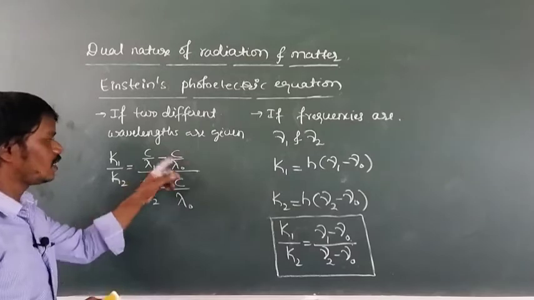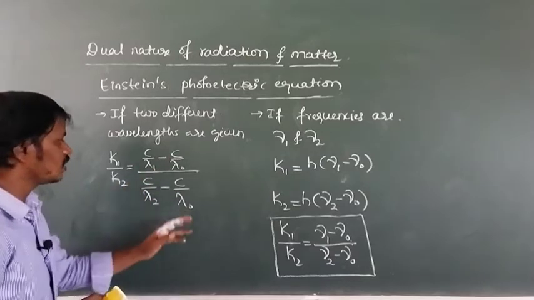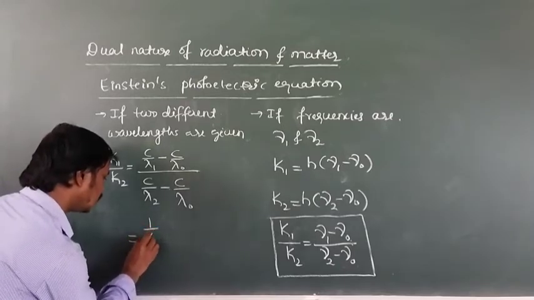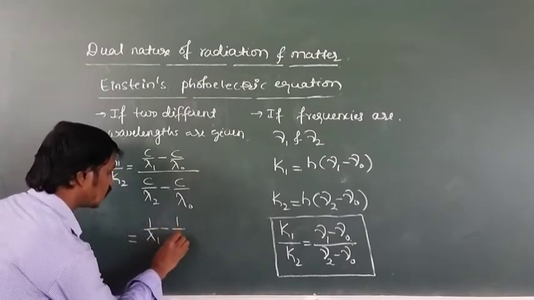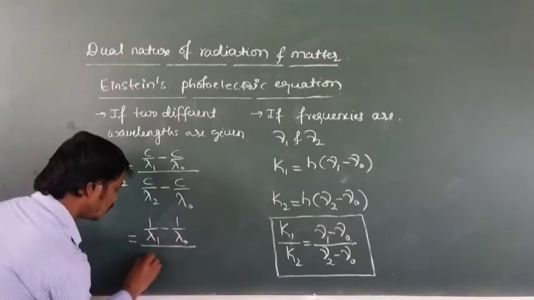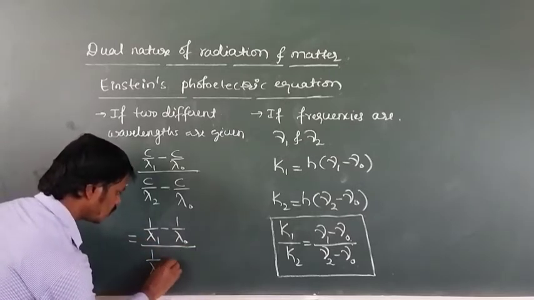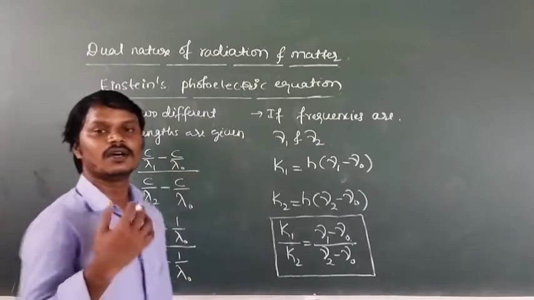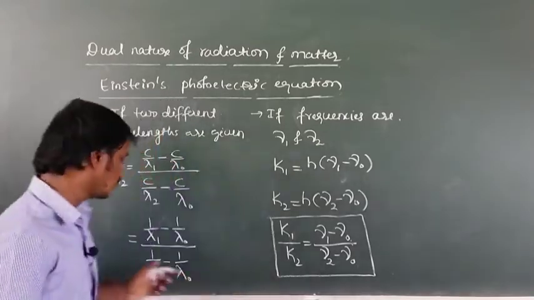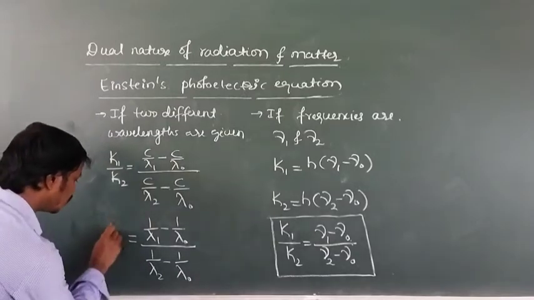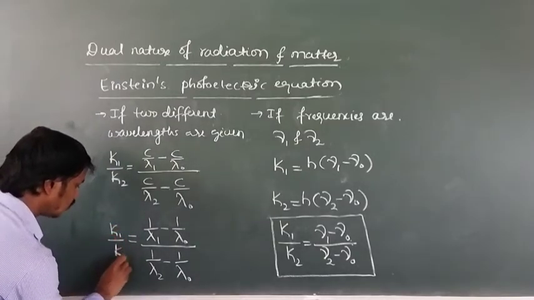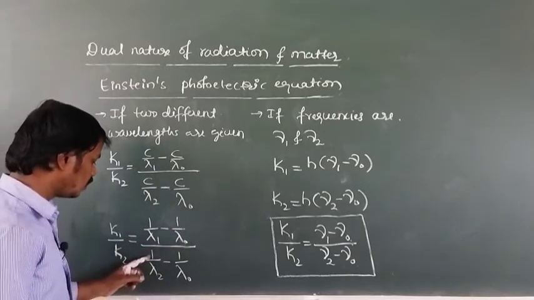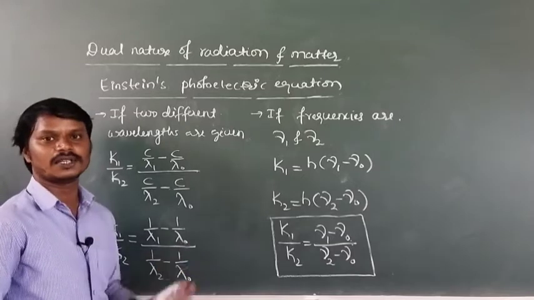C is common, so C gets cancelled. What remains now is 1 by lambda 1 minus 1 by lambda naught, whole divided by 1 by lambda 2 minus 1 by lambda naught. If two different wavelengths are given, how to find the ratio of kinetic energies? By the formula K1 by K2 is equal to 1 by lambda 1 minus 1 by lambda naught divided by 1 by lambda 2 minus 1 by lambda naught.